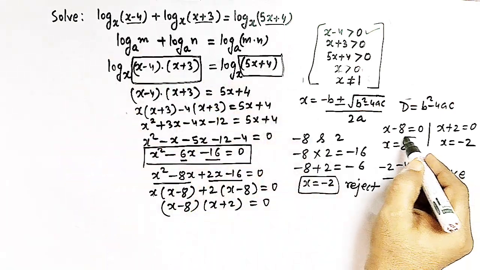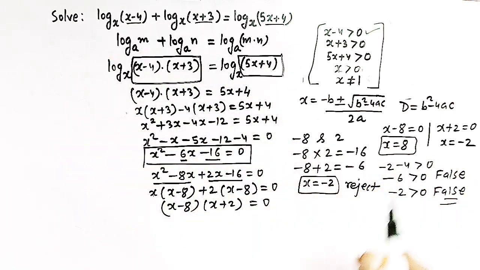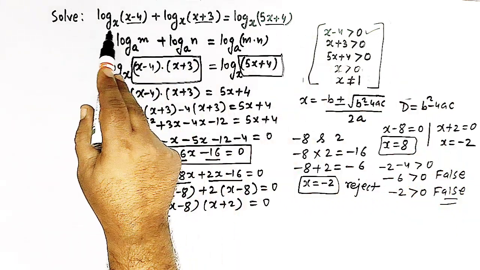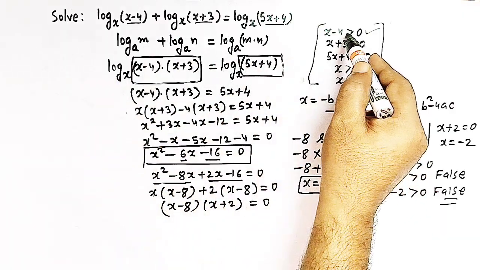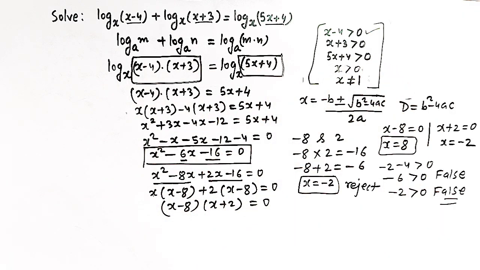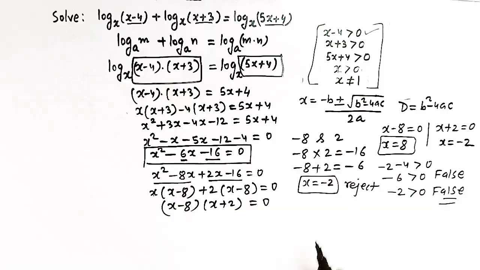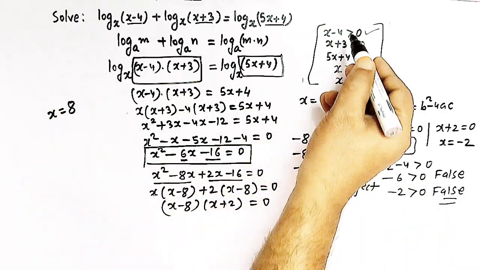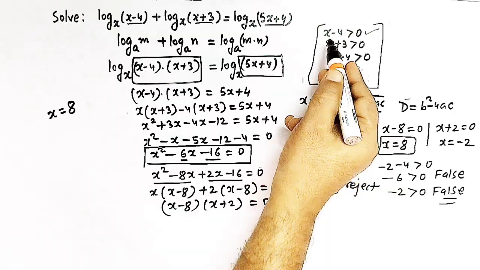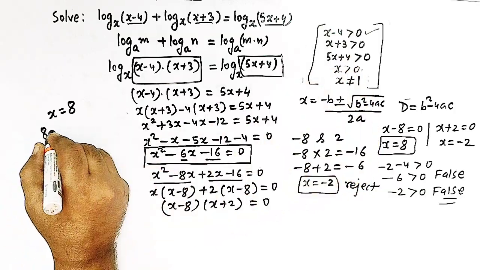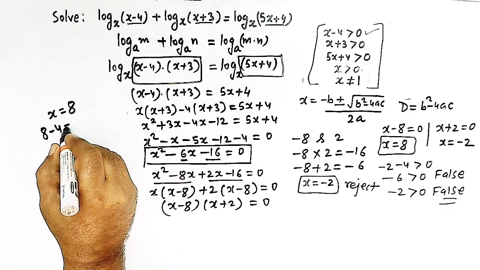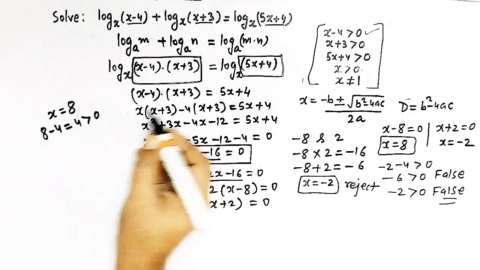So we are now left with x is equal to 8, and let us see whether x is equal to 8 it satisfies this equation or these conditions. So now if we take x is equal to 8 in these conditions, then we can see that 8 minus 4, that is the first condition, 8 minus 4 is 4, which is greater than 0.